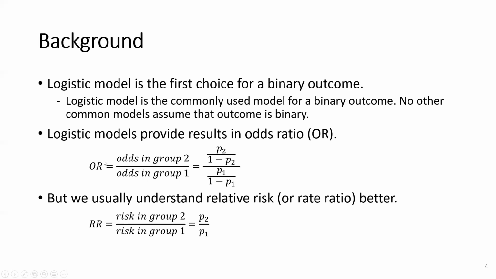And logistic model provides results in odds ratio, which is given by this general formula, which is the ratio of odds in group 2 divided by odds in group 1. But we usually understand relative risk better, which is given by this equation, risk in group 2 divided by risk in group 1, in this simple formula.